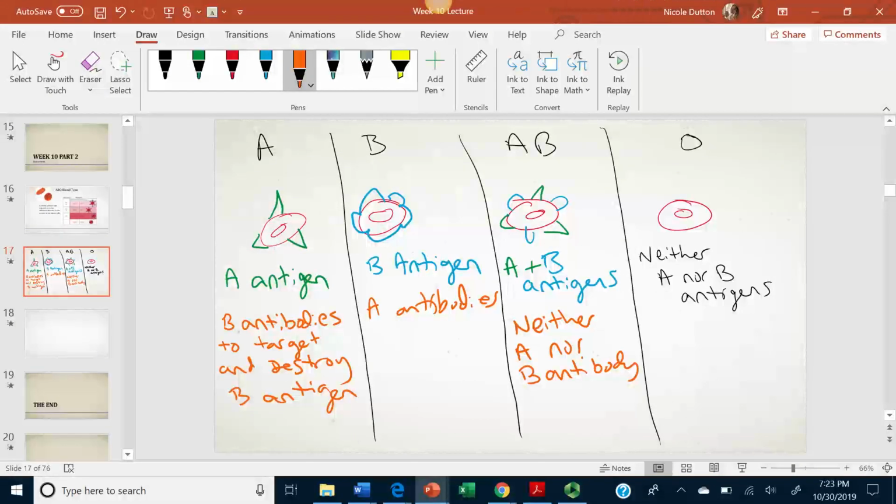Blood type O is used to not seeing any antigens on the surface of its red blood cells. So if you have blood type O, you're going to produce both the A and B antibodies.